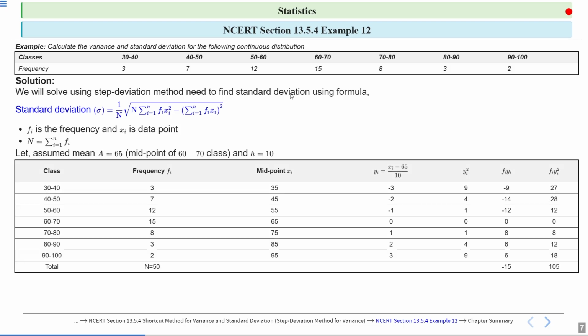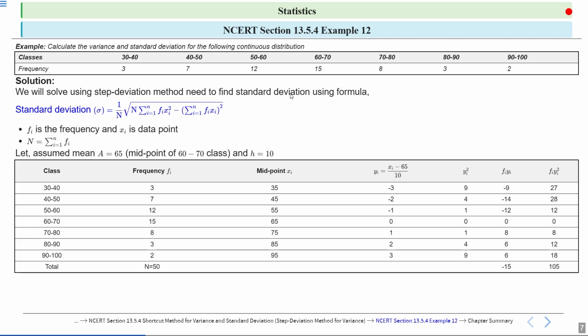Now let's organize our data in the table below. In the first column we have the class interval, in the second column their corresponding frequency, and in the third column the calculated midpoint xi.